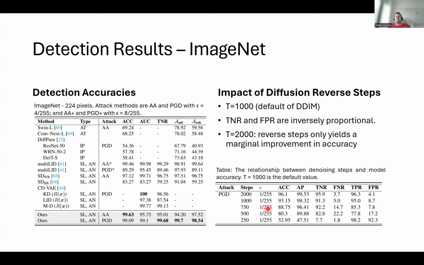And we can clearly see that when we save steps, we lose accuracy. But if we double the steps, we see a minimal improvement in accuracy. But is it actually worth doing that? And the true negative rate and the false positive rate are inversely proportional.